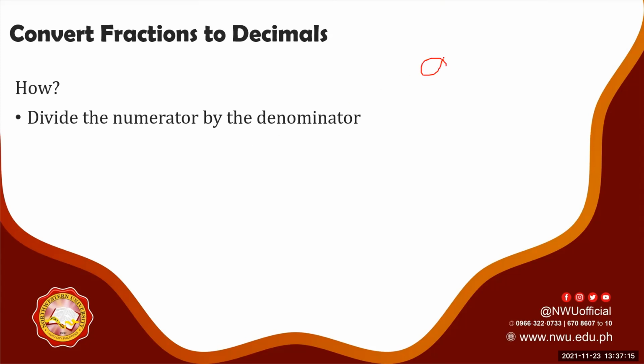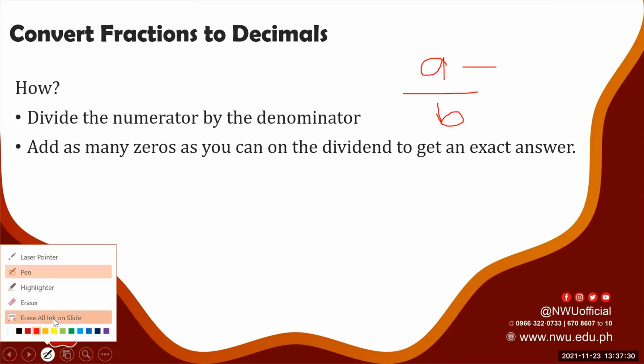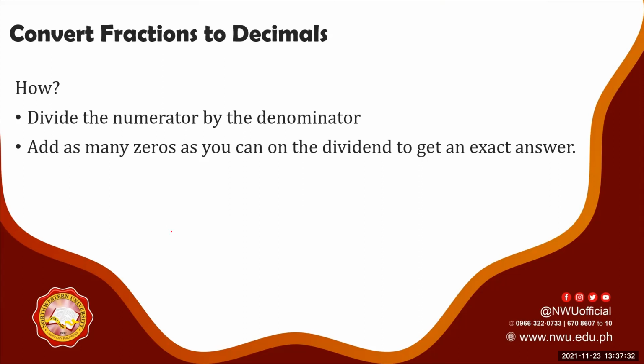So if you are given a fraction a over b, for you to change that to a decimal number, you need to divide a by b. After that, you can add as many zeros as you would like, because based on my previous discussion, one of the properties of decimals is you can add as many zeros as you would like and that will make the decimal the same.